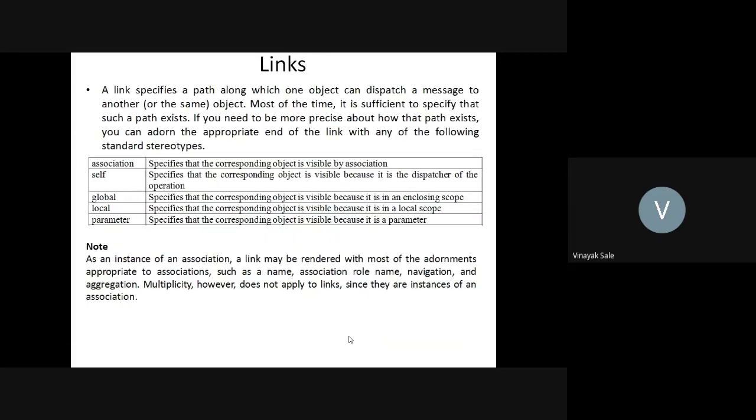So a link specifies a path along which one object can dispatch a message to another object or to the same object.